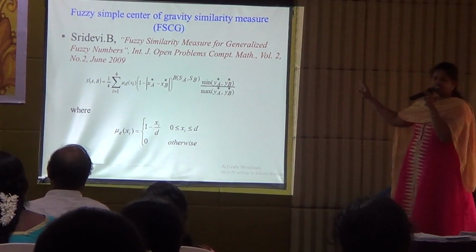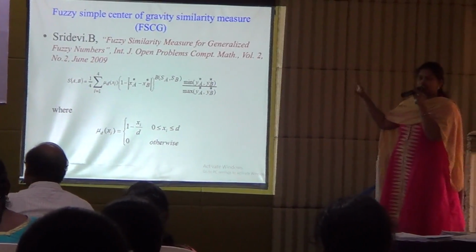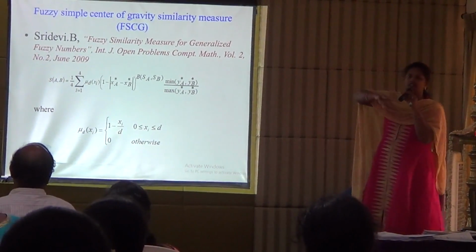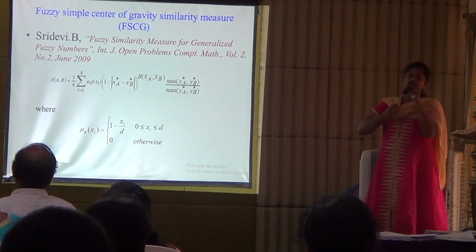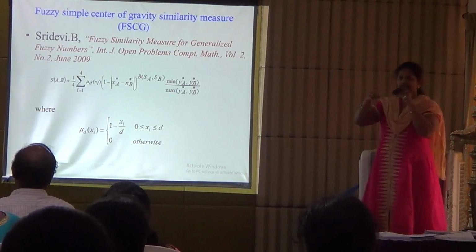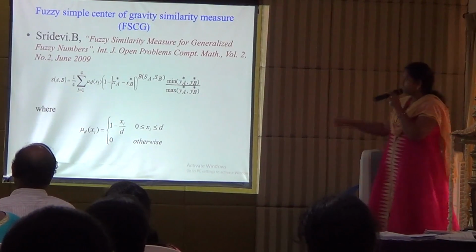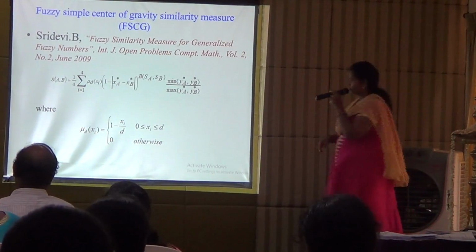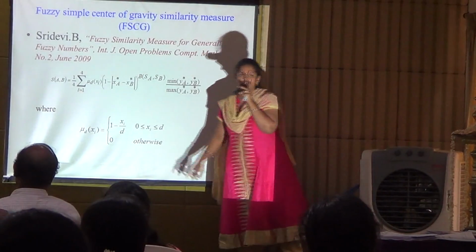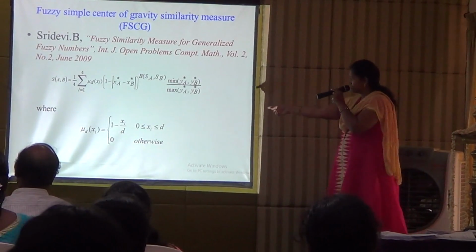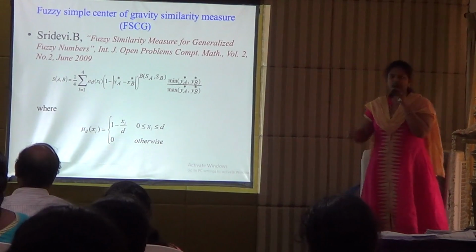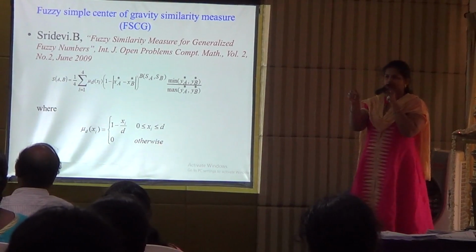The difference I found is that she took everything from Chen, the first measure defined. He used the COG point, the center of gravity point. Only one difference she made is here, this D. What is this D? X is a value which lies between 0 and D. So D is nothing but the degree of confidence level.